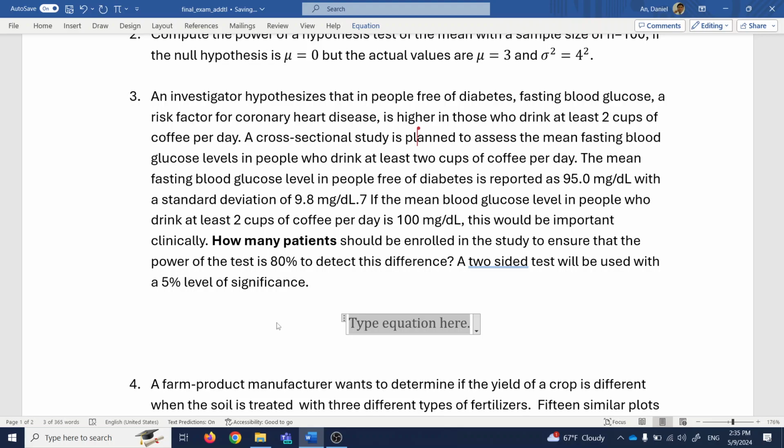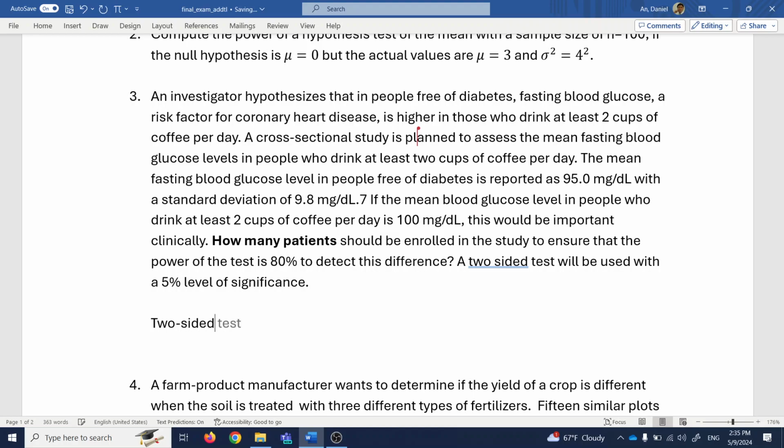So there are two formulas to remember. One is that if your hypothesis test is two-sided, and of course I'll give you this formula so you don't have to remember.